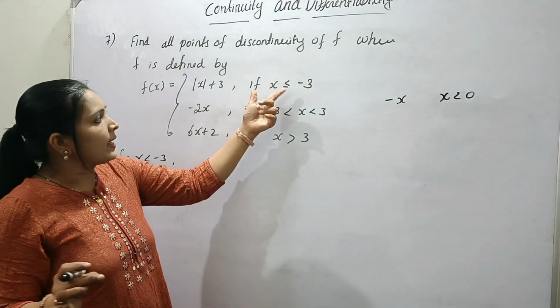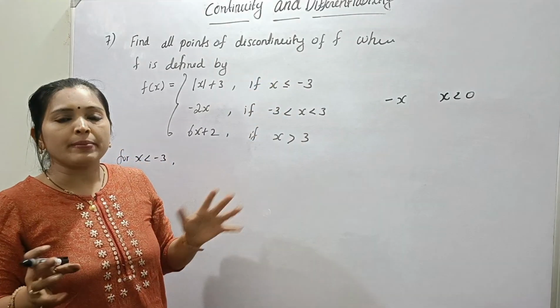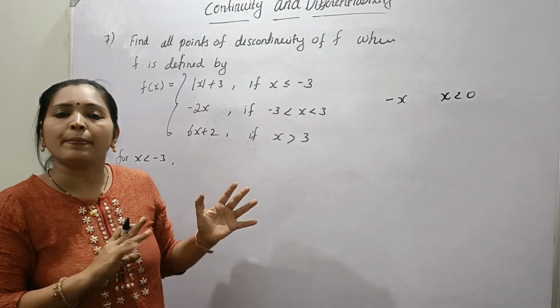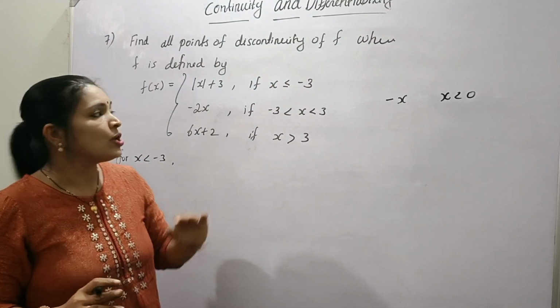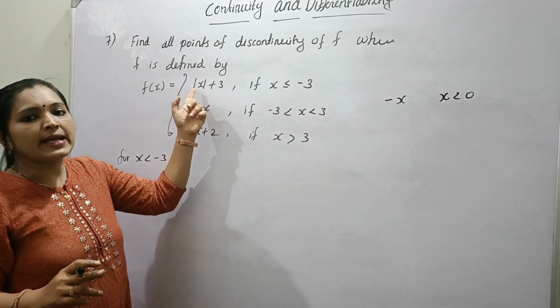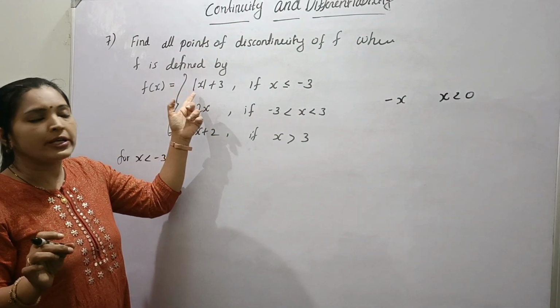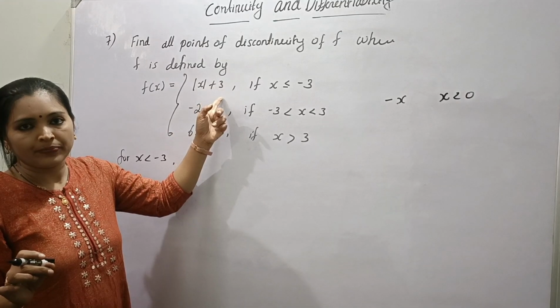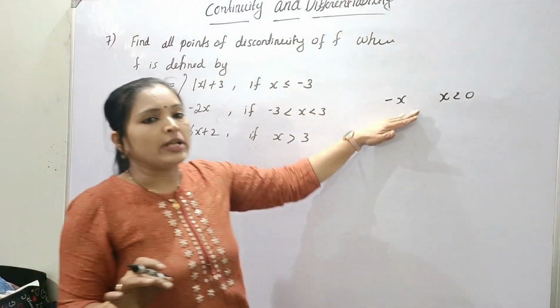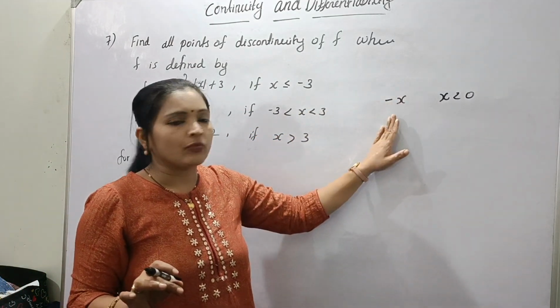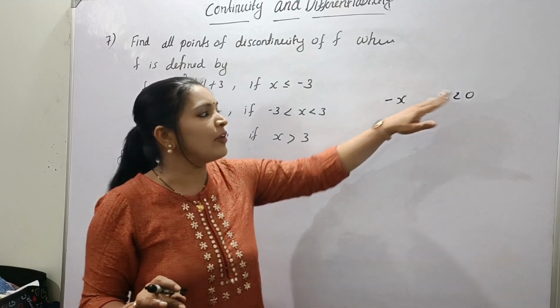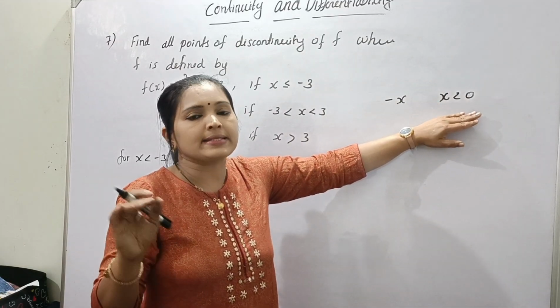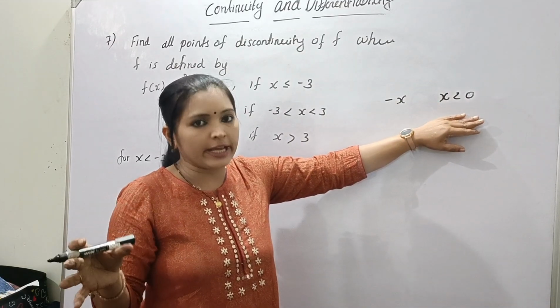So here similarly, x less than minus 3 means all the values of x are negative. So here we can write this modulus x will be minus x, so it will be minus x plus 3. Because modulus x is equal to minus x when x is less than 0, meaning x values are negative values.